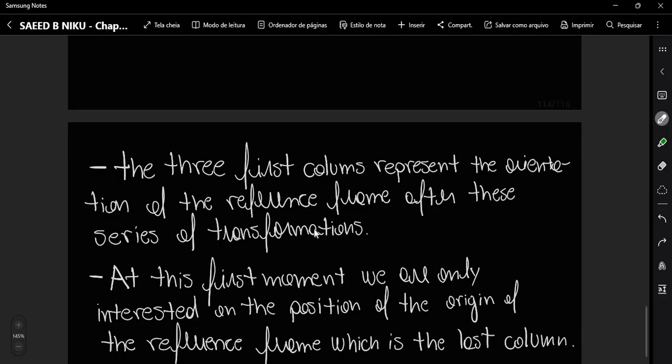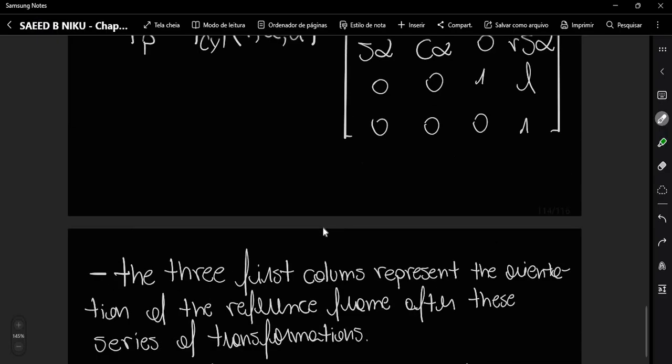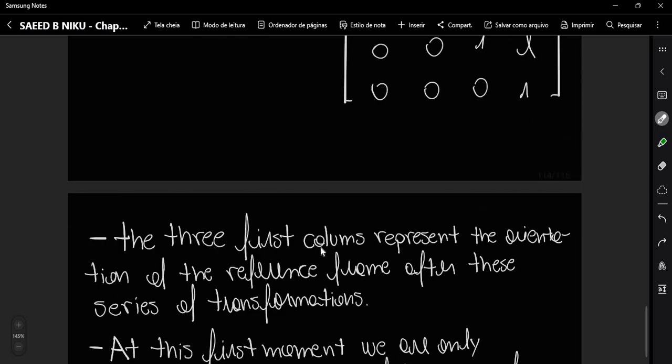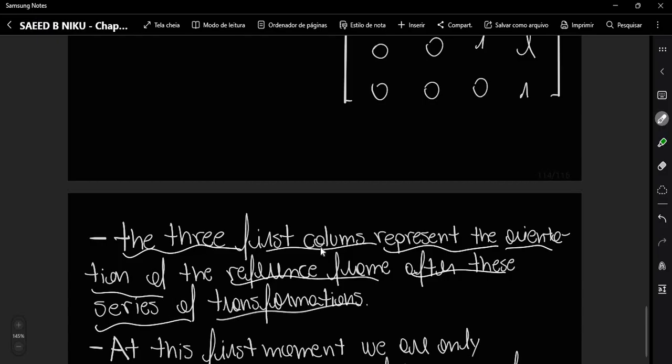Let me introduce to you what we will do in this video. The first three columns represent the orientation of the reference frame after this series of transformations.